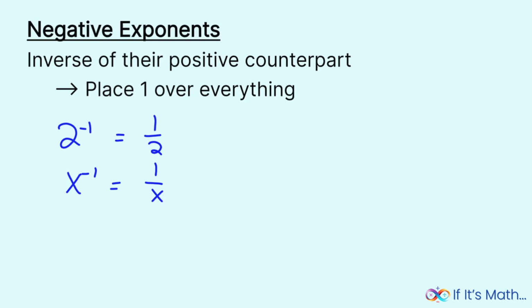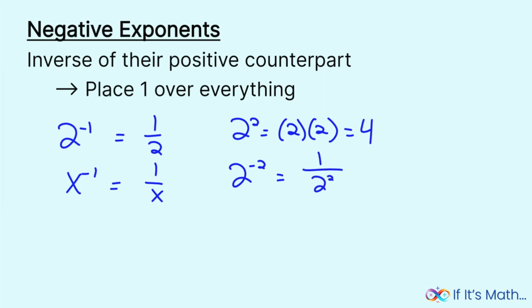So let's do a few more comparisons. If you have 2 squared, that is 2 times 2, which is 4. But if you have 2 to the negative 2, that is the same as 1 over 2 squared, which is going to give you 1 over 2 times 2, which is 1/4.